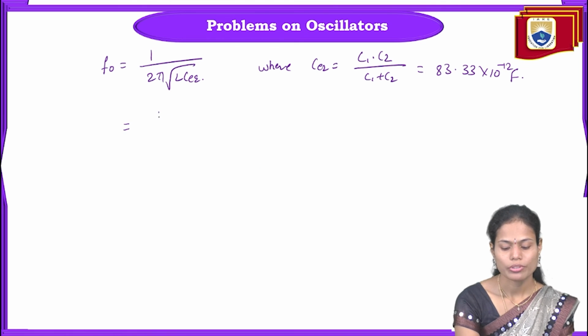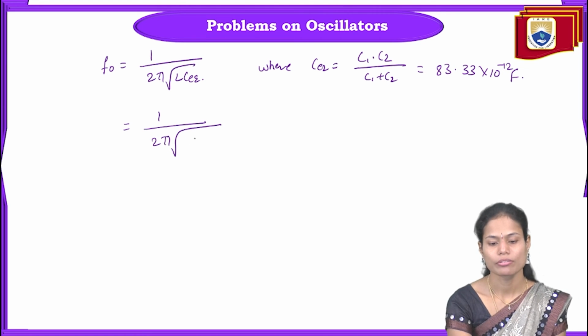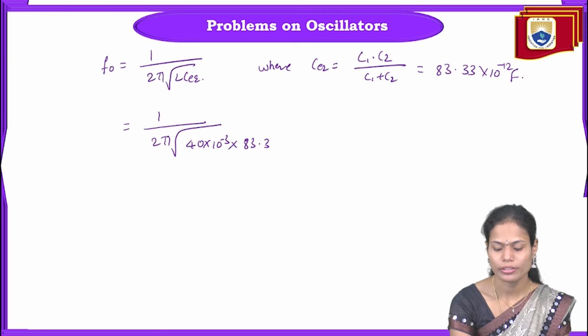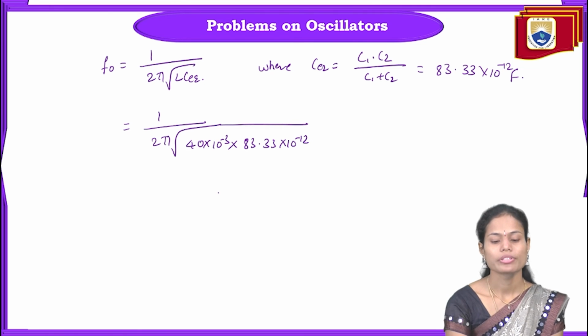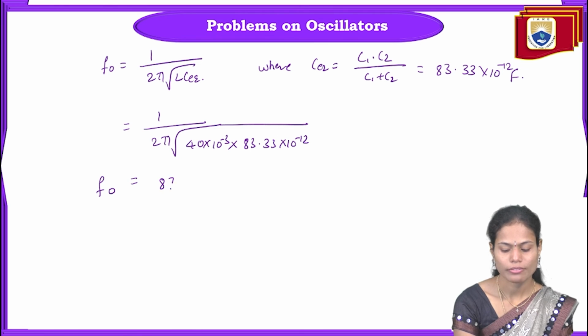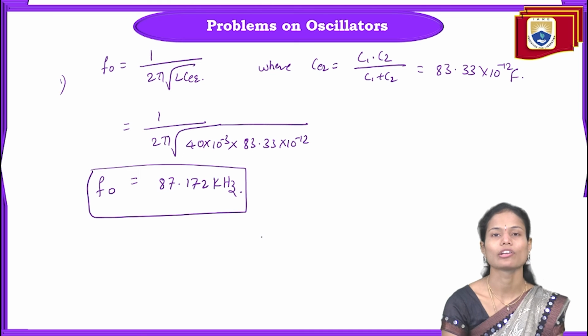Substituting, 1 by 2 pi under root of 40 millihenries times 83.33 into 10 power minus 12. Simplifying, we get 87.172 kilohertz, which is the frequency of oscillation.